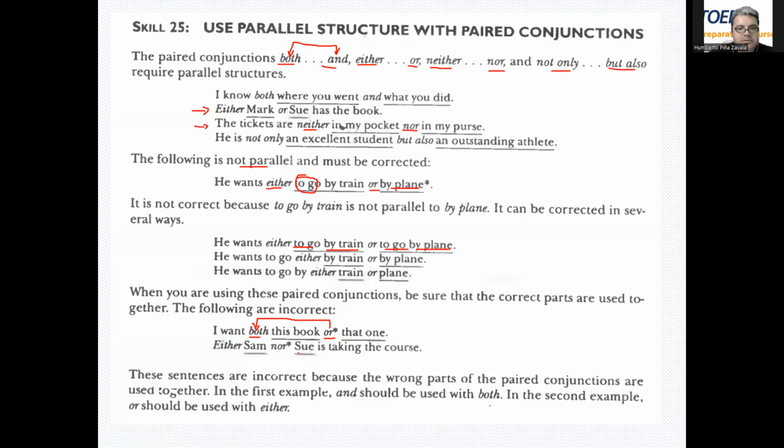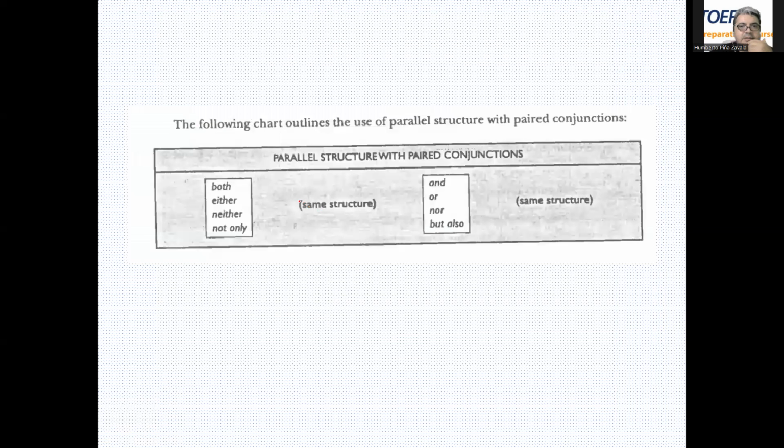Either Sam nor Sue is taking the course. No, either does not pair with nor. It should be either or, okay? Or neither nor. The sentences are incorrect because the wrong parts of the pair conjunctions are used together. The example and should be used with both, and the second example or should be with either. Okay, so remember, it's parallel structure, the same structure on both sides. So what could be the problem when you're making a sentence like this?